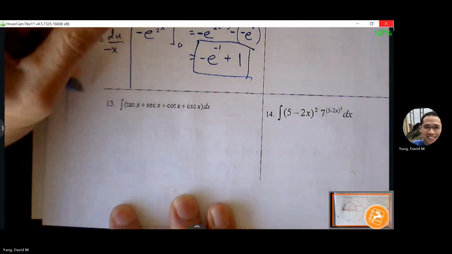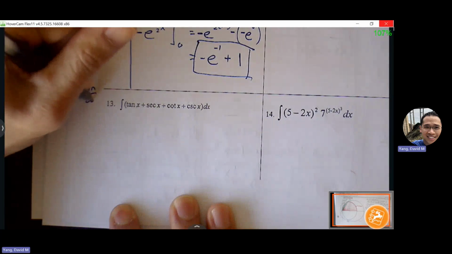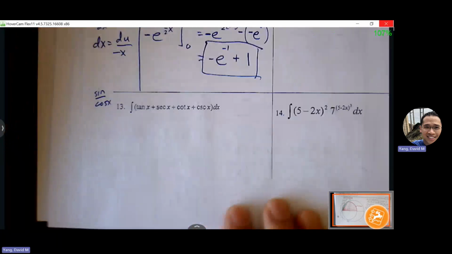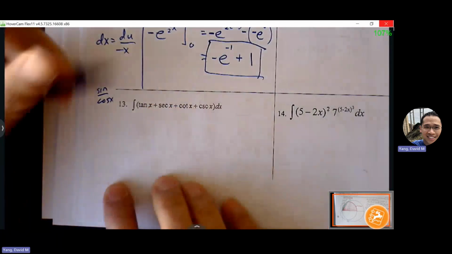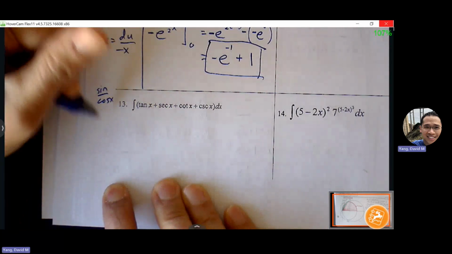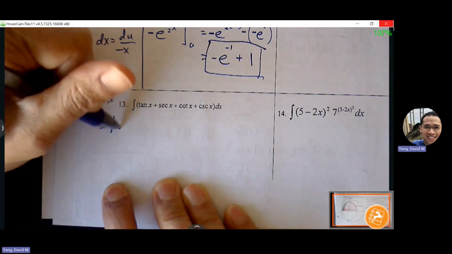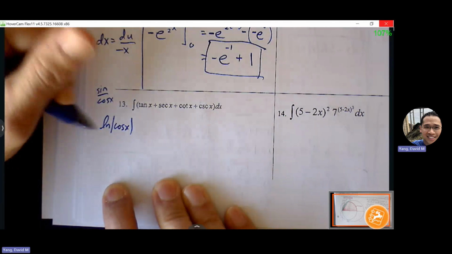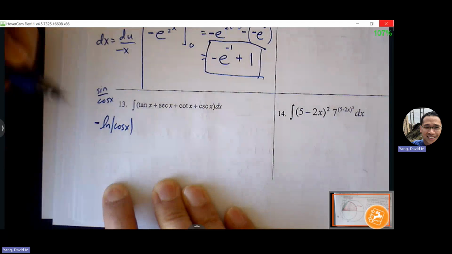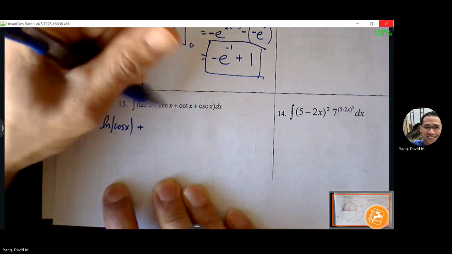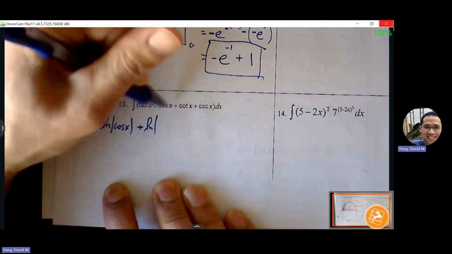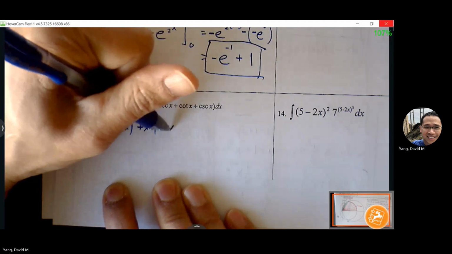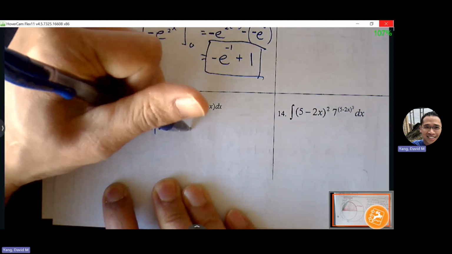Tangent is sine over cosine. These are all the new log rules. So tangent is what? Yeah, natural log, absolute value of cosine of x. But there's something a little bit strange here. There's what in front? There's a negative, right? Secant also involves natural log plus, yeah, tangent x.